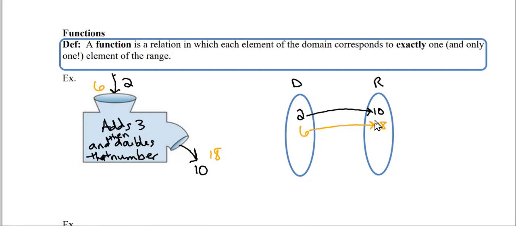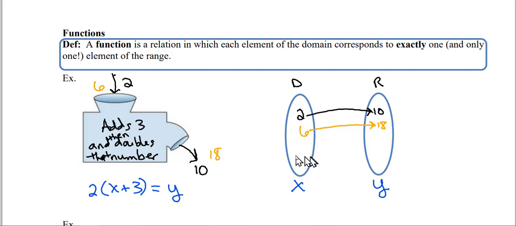We could write an actual equation to describe this, right? If these are my x values and these are my y values, well, my input x gets 3 added to it, and then we double that whole thing, and that gives me out a y value.